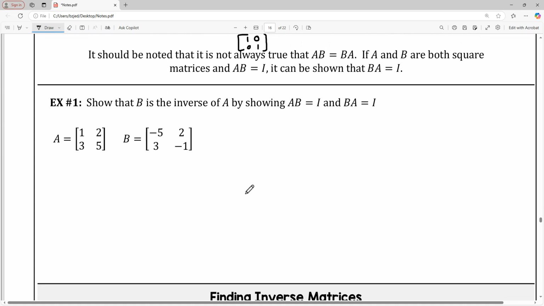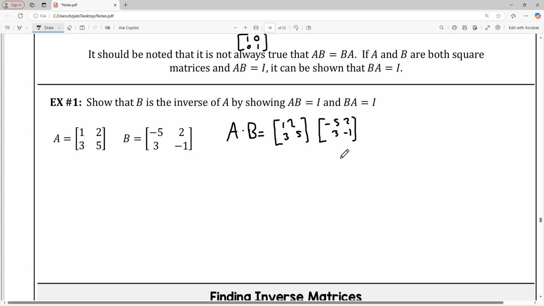This needs to work both ways. So I'm going to start by doing A times B. I have matrix A, which is 1, 2, 3, 5, and I'm multiplying that to matrix B, -5, 2, 3, -1.